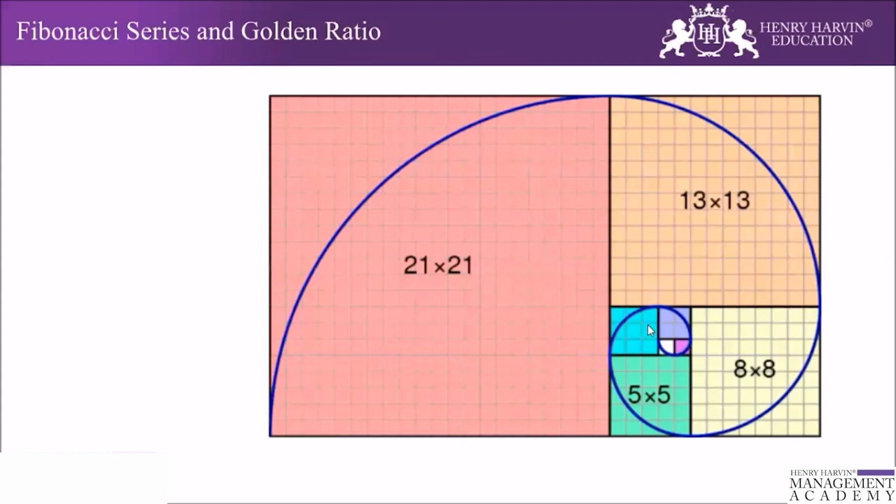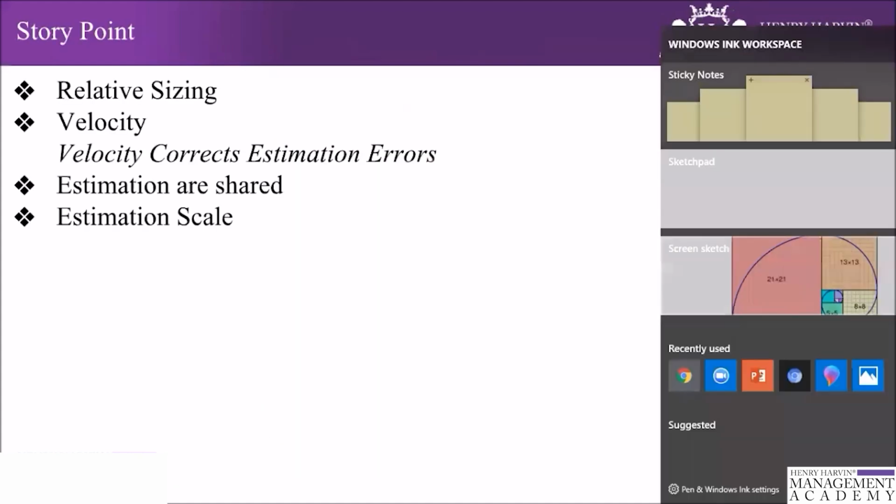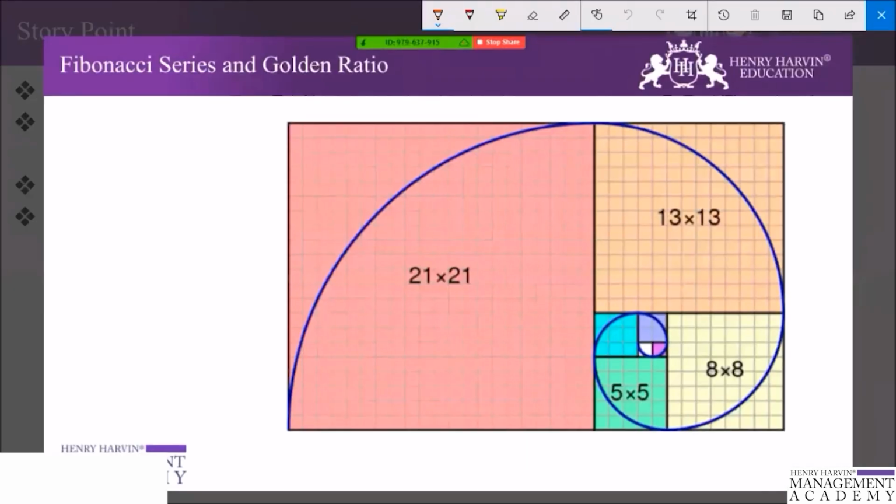If you see, each square, say suppose 5 by 5, each square illustrates the area of the next number in the sequence.